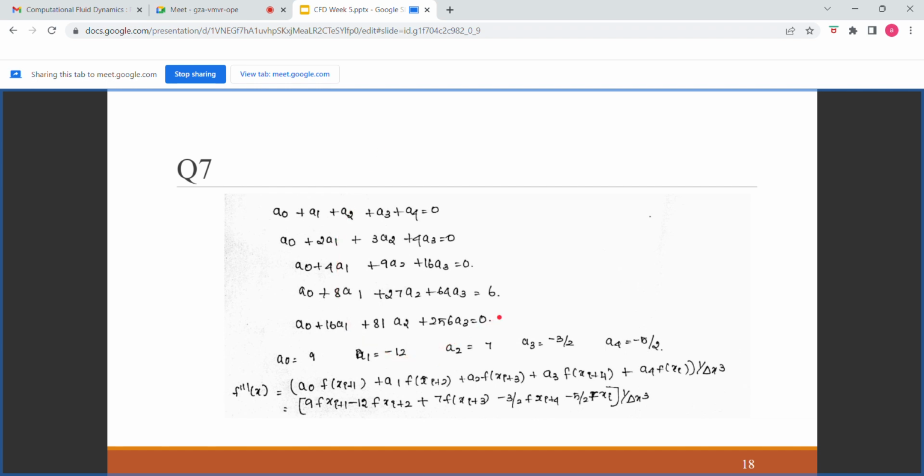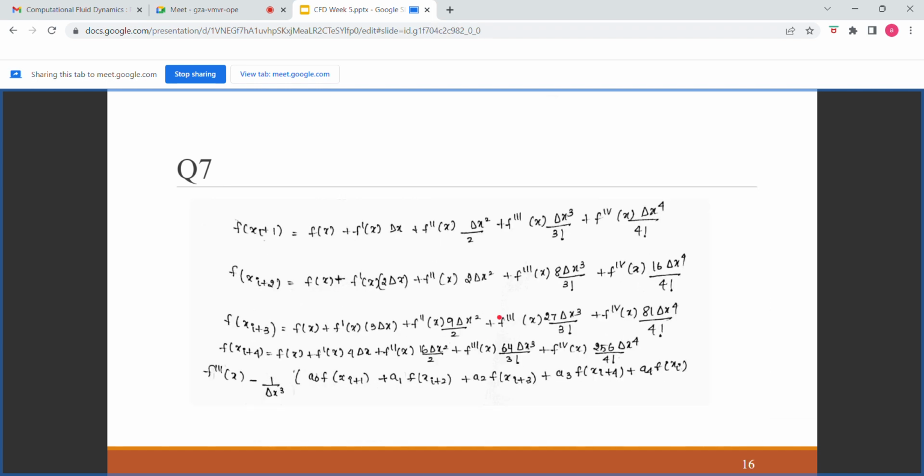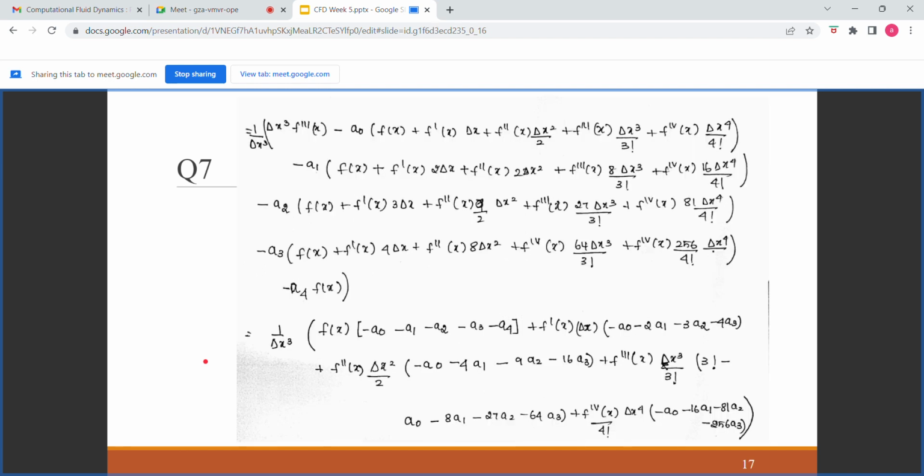Since we are taking 1 by delta x cube common, we are multiplying delta x cube with this, and all the other expansion terms are given, with a naught, a1, a2, a3 and all the terms like f of x i plus 1, f of x i plus 2, f of x i plus 3, f of x i plus 4, and f of x i.